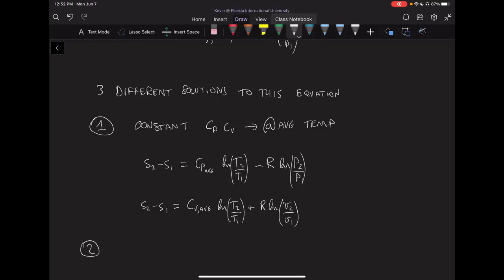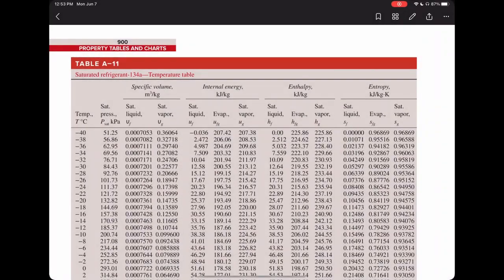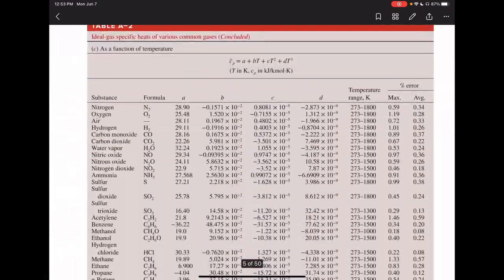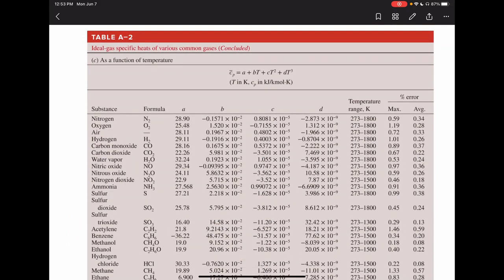So method 2 is to use an analytical equation for Cp of T, so Cp is now a function of T. This can be found in table A2C, which shows the ideal gas specific heats of various common gases as a function of temperature.